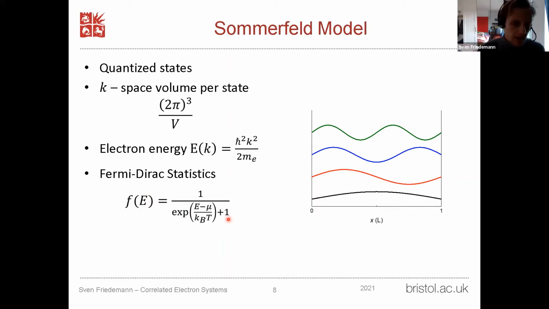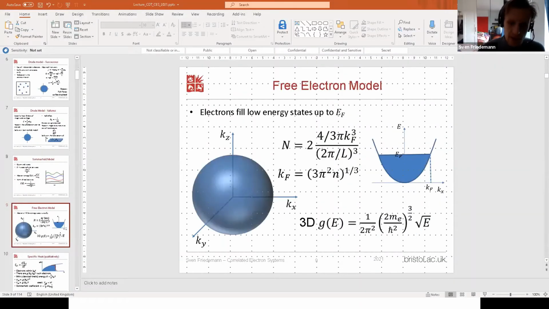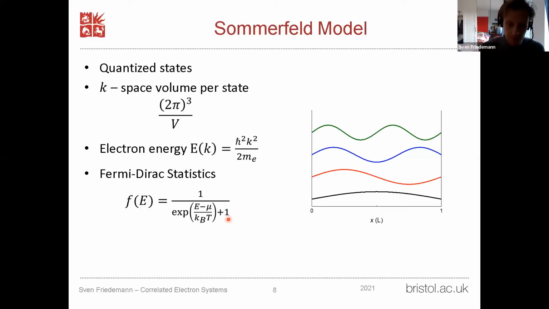So let's look at what that gives us for the properties of the materials, and in particular we want to work towards specific heat and other properties that we can look at in correlated electron materials.